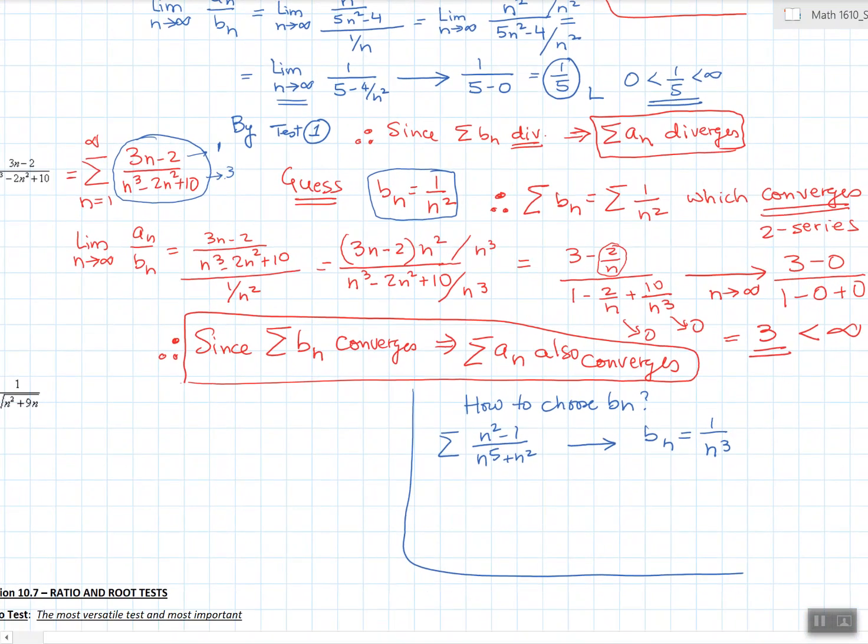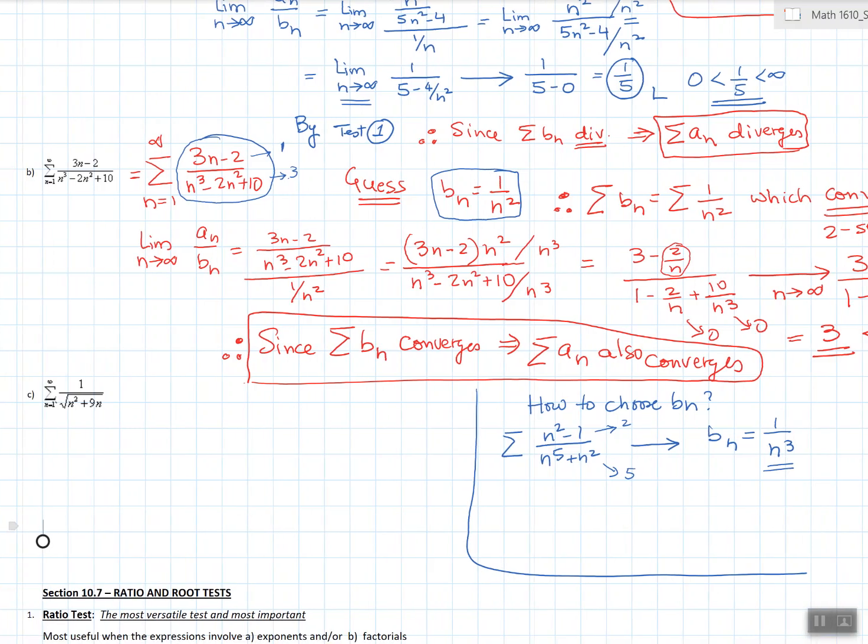Now in this one that I just made up, the power of this polynomial is 2, the power of this polynomial is 5. So 5 minus 2 is 3. So I'll take 1 over n cubed. So I'll take a polynomial with power 3. So that's how it works.